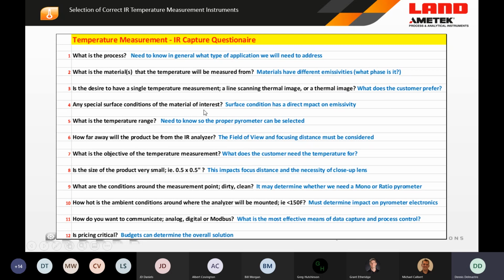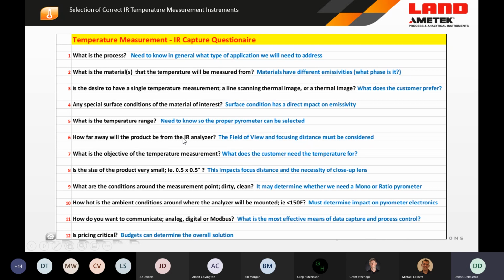What do you prefer? Are there special conditions of the material of interest? Remember, the surface condition has a direct impact on the emissivity, so we need to know this. What's the temperature range? Well, that's a gimme because we have different pyrometers for different temperatures.